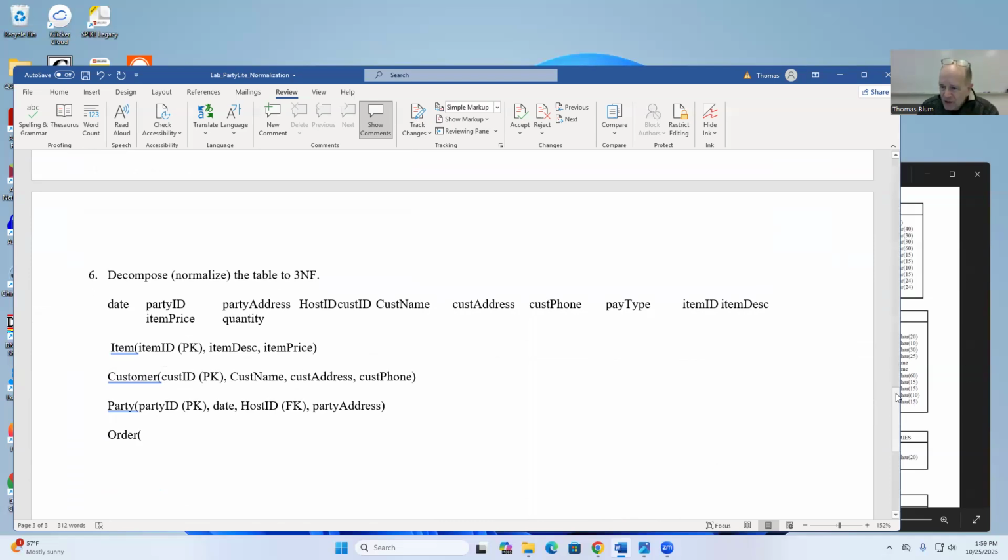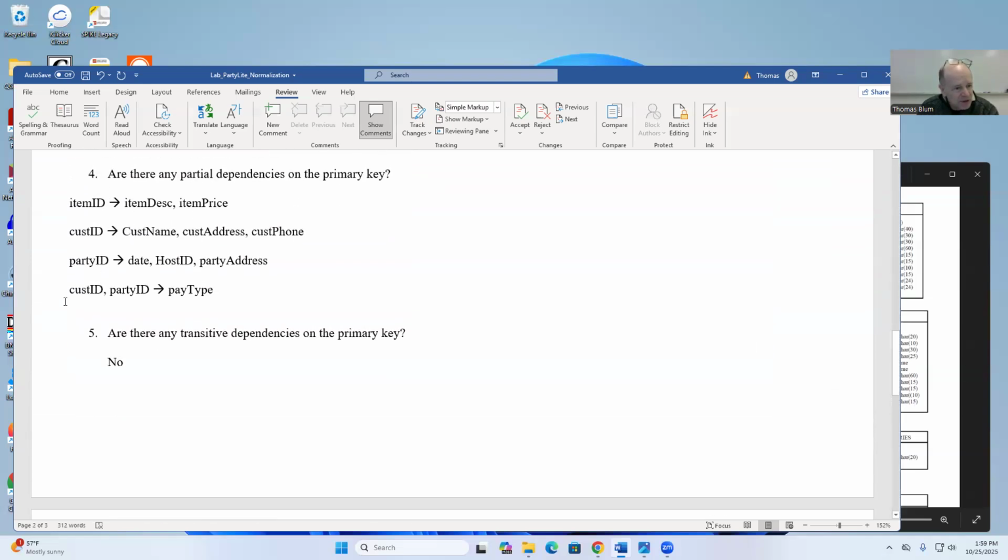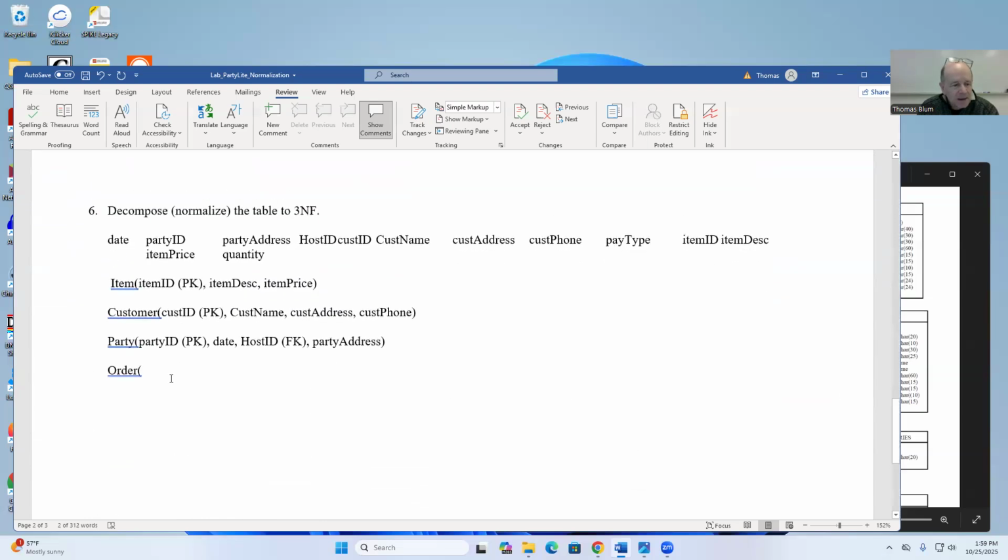But instead of introducing order ID, I'm going to use customer ID and party ID as a composite primary key. Again, could have introduced order ID, but decided not to. And then the payment type was a function of the order.